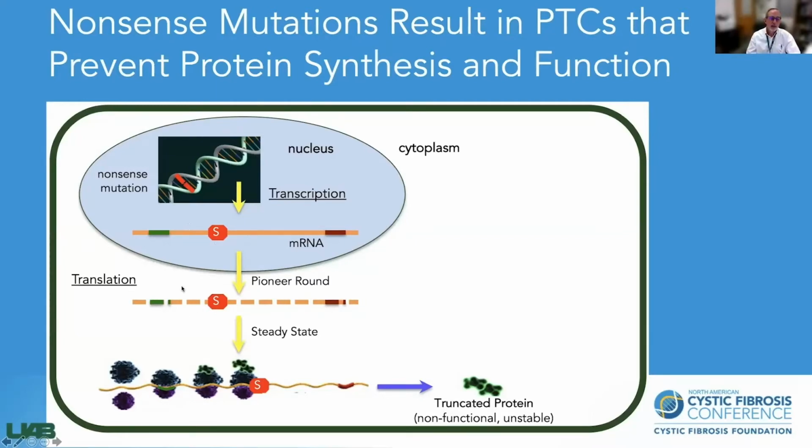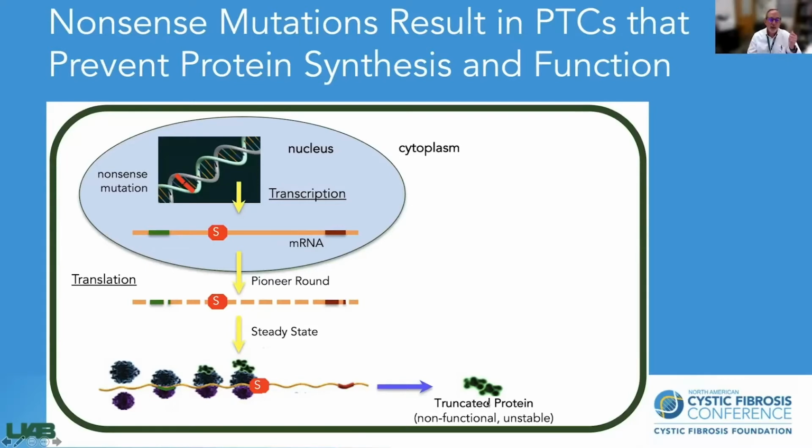In a process called the pioneer round of translation, the initial ribosomes bind and translate this transcript. And that's shown down here in more of a steady state configuration. If there's a PTC, you translate the first half of the mRNA and then terminate prematurely, resulting in a truncated protein.